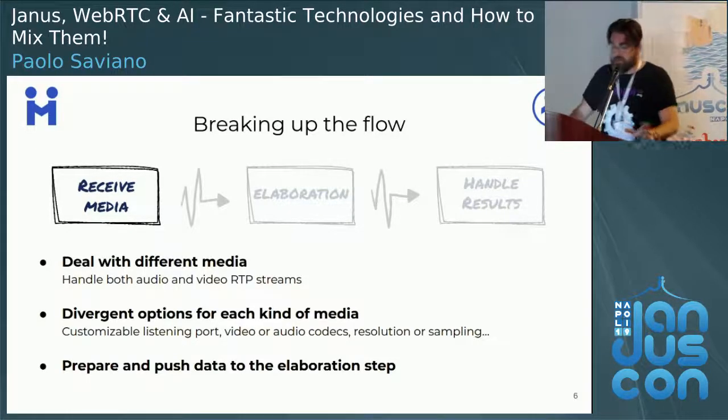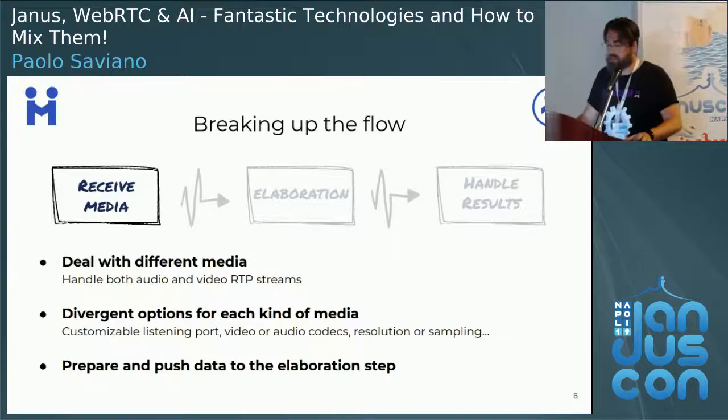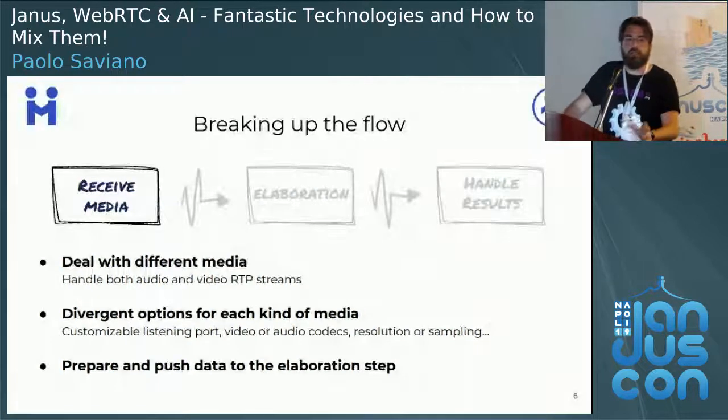Okay, first things first, we have to deal with both audio and video media. And so the first pitfall is to face the divergent kinds of customization. For example, a video stream is characterized by a video codec, resolution, or its own frame rate, and so on, as well as the audio stream has its own frequency, or whether it is a stereo or mono channel, and so on.